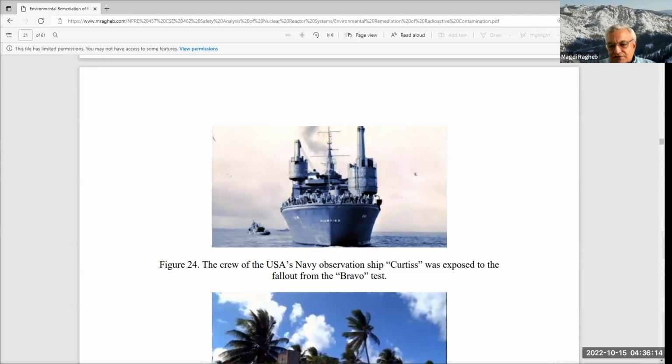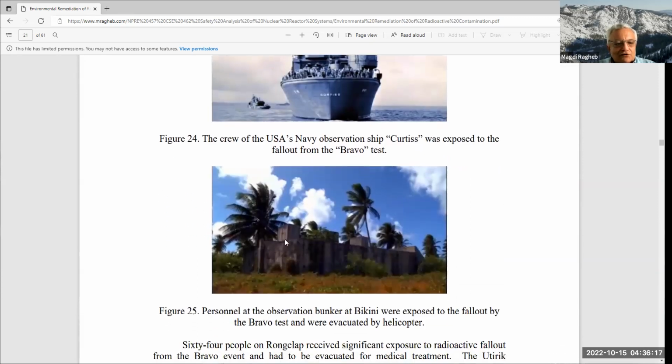The yield of the explosion being so large, they had an observation post here in bunkers, and the people in the bunker were subjected to the shock wave from a yield that was double the expected yield. The fallout started falling on them.